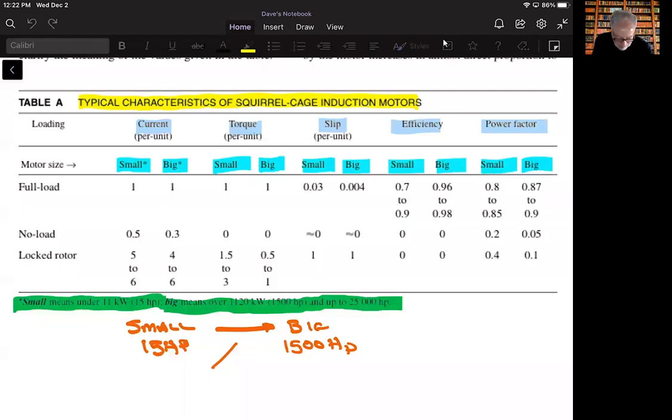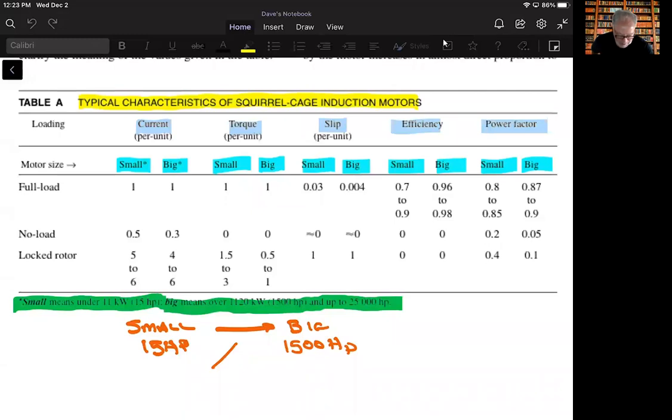A couple other things I'll point out. I already mentioned that current and torque are expressed in per unit values. When we're talking about the base current for a motor, we're talking about its full load current, and all other currents are compared to that. The base torque is the full load torque, and all other torques are compared to that.